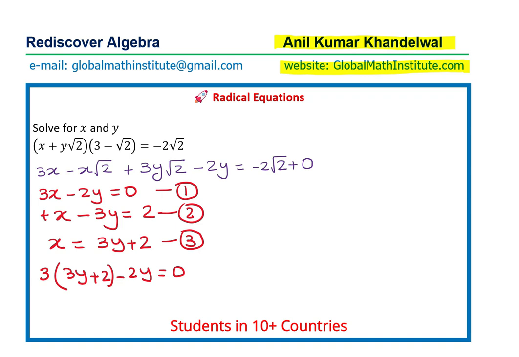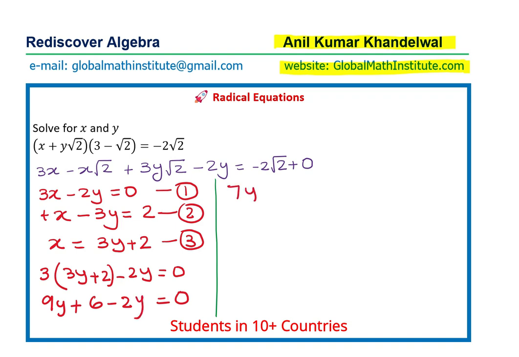You could have solved these equations with elimination also, right? Okay. So 9y plus 2 times 3 is 6, minus 2y equals 0. So 9y minus 2y is 7y.